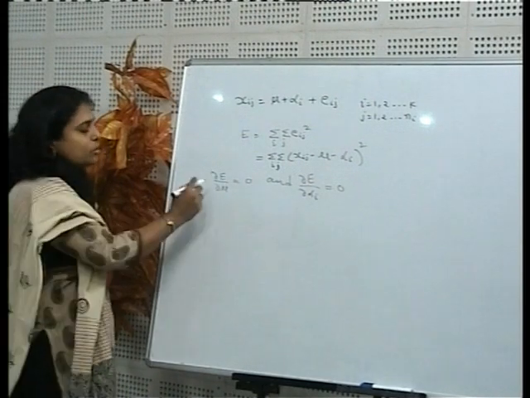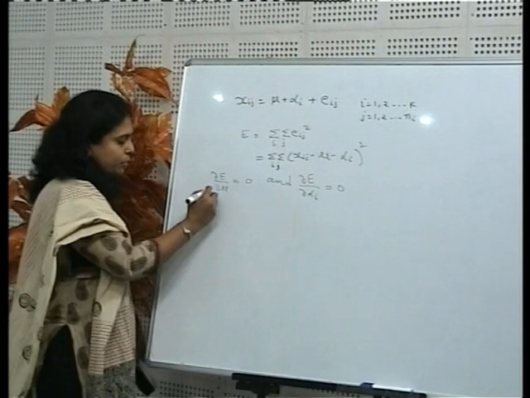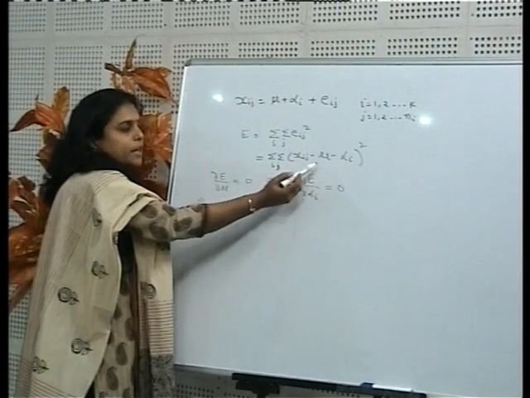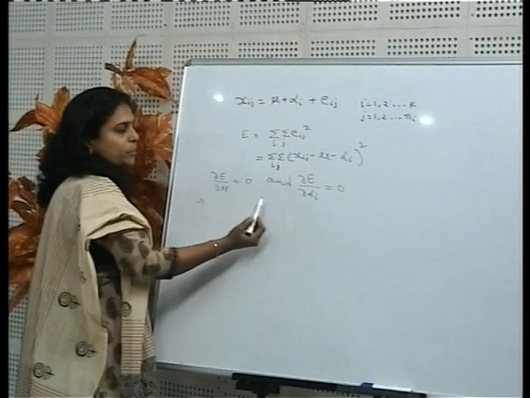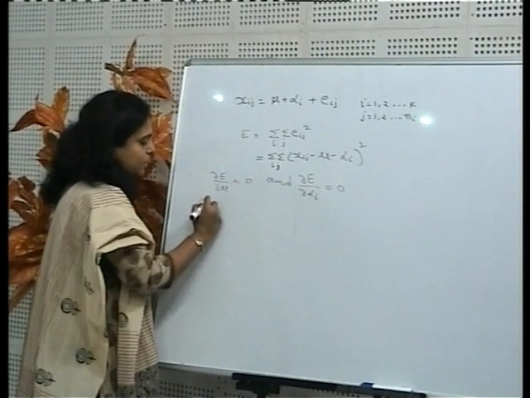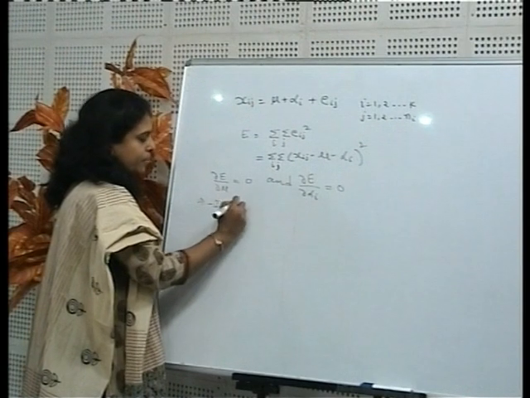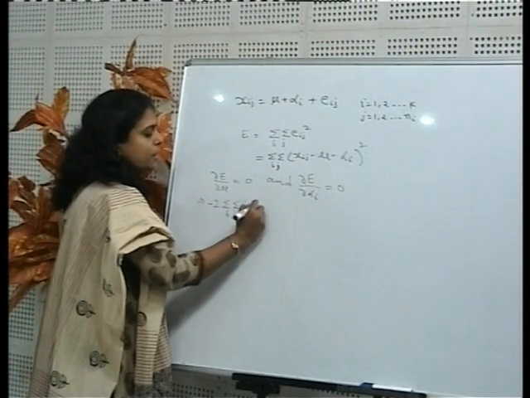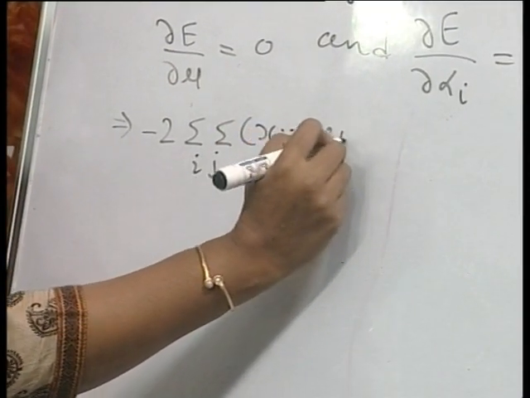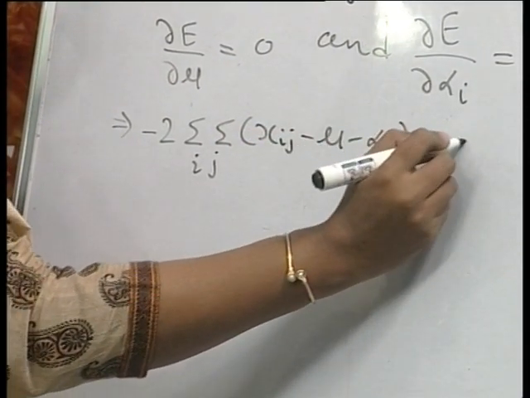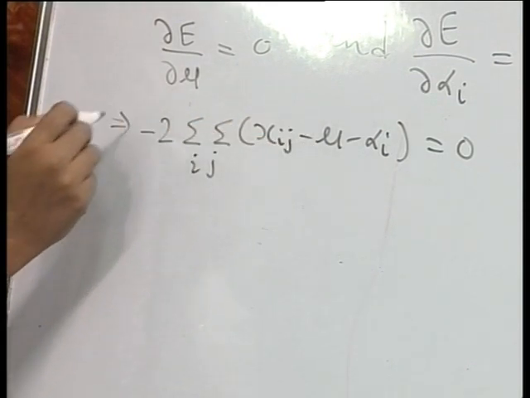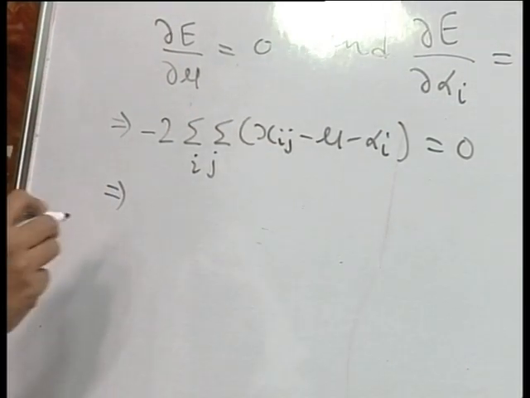Now let us solve the first equation. Differentiating this with respect to mu, using the rule of derivative, it is minus 2 double summation Xij minus mu minus alpha i equals 0. The derivative of minus mu is minus 1, so it is taken outside.